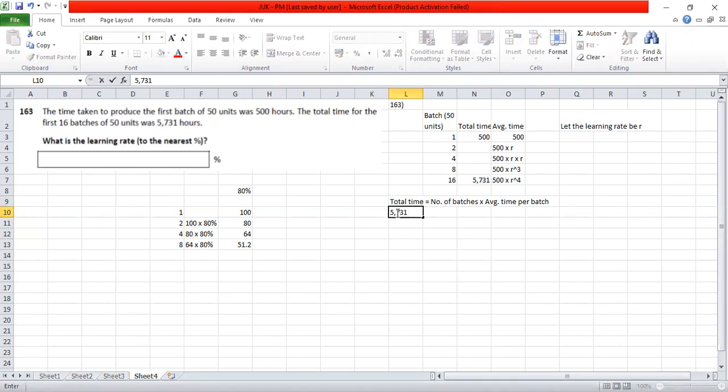5731 is equal to, we got the average time per batch as 500 into R to the power of 4. But then how many total number of batches? That is 16 batches into 500 into R to the power of 4. Simplify that.